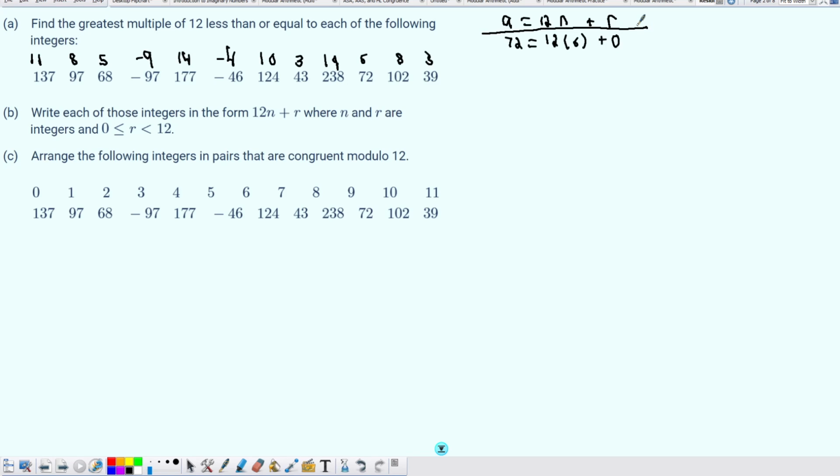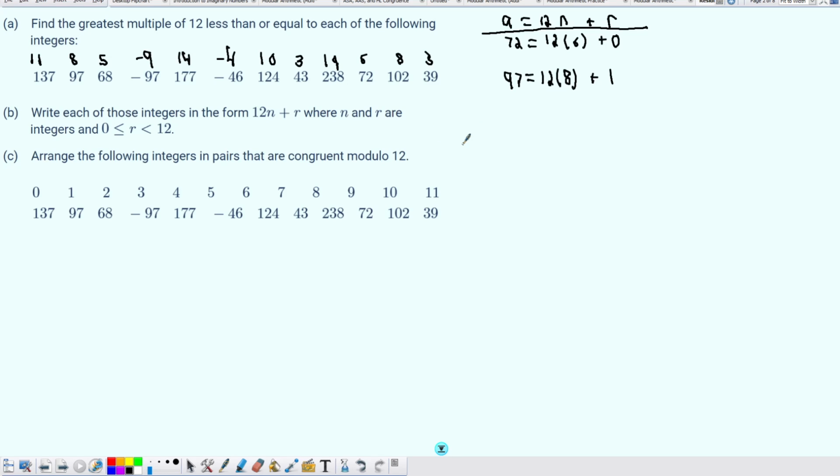Now the next one I'm going to list is 97, which is equal to 12 times 8. And 12 times 8 is 96 plus 1, giving us 97.